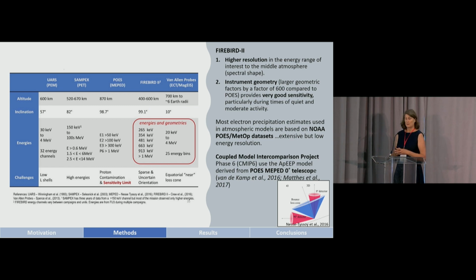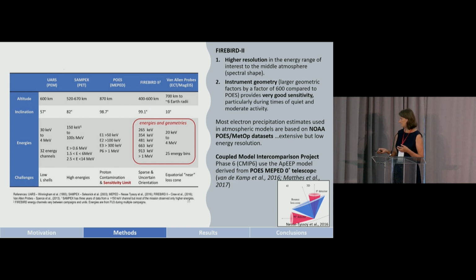So as an example, the most recent Coupled Model Intercomparison Project, or CMIP6, is now including energetic particle precipitation and uses a parameterization that's based on these POES satellites using the MEPED instrument's 0-degree telescope.